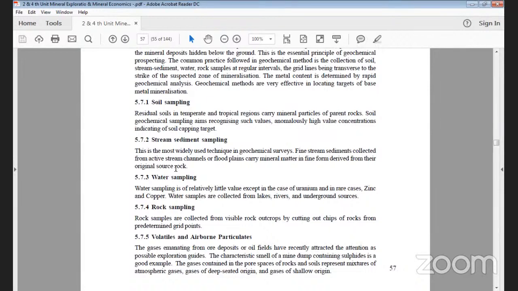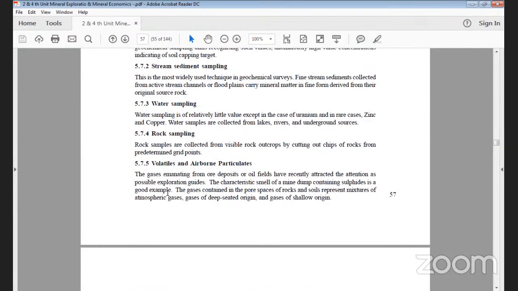Stream sediment sampling is the most widely used technique in geochemical surveys. Fine stream sediments are collected from active stream channels or floodplains. Floodplains carry the mineral matter in fine form derived from the source rock.